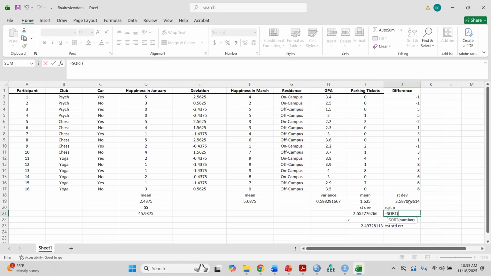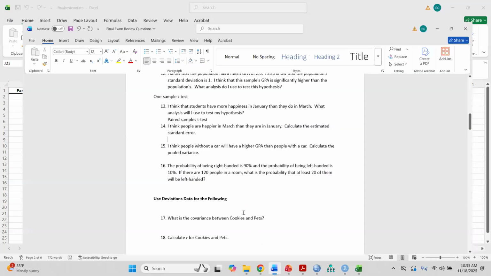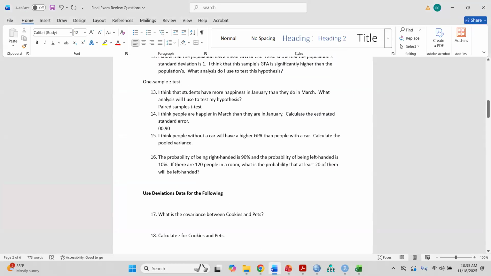N, there's 16 people in the sample. So we've got square root of n is 4. Now to find the estimated standard error, all you have to do is take the standard deviation of the difference scores divided by the square root of n, and boom, we've got estimated standard error of 0.90.